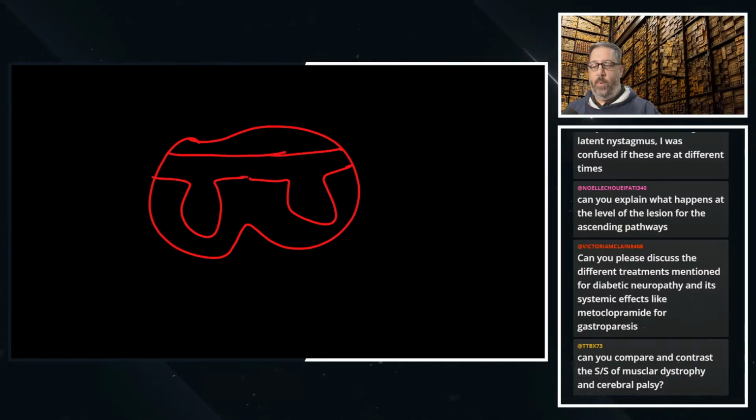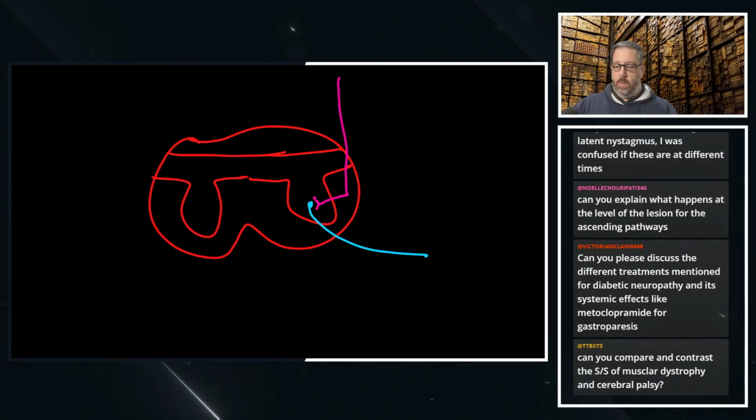Okay, we have our upper motor neuron coming down in the corticospinal tract, crossing into the anterior gray horn, where it's going to synapse with the lower motor neuron, which then leaves and comes out of the ventral horn, the ventral nerve.